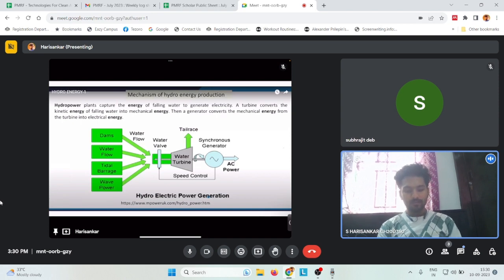A hydropower plant captures the energy of falling water to mainly generate electricity. Electricity is the form of energy that we procure via hydropower, and we can use a turbine to convert the kinetic energy of the falling water into mechanical energy, and this mechanical energy is converted by a generator to produce electrical energy as the output.